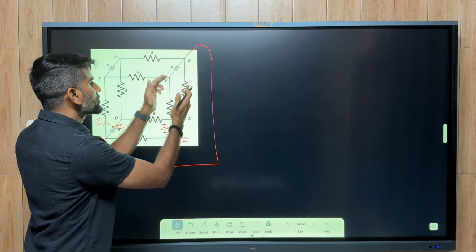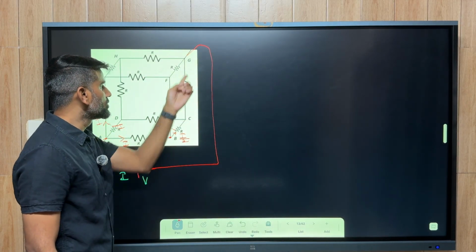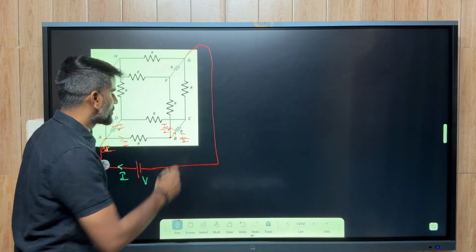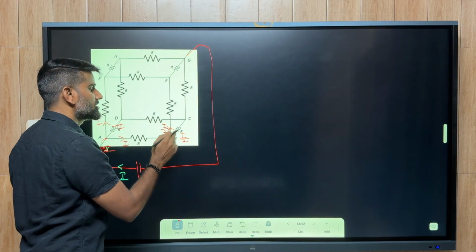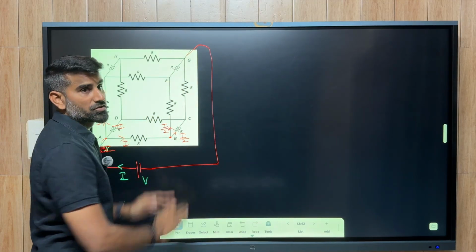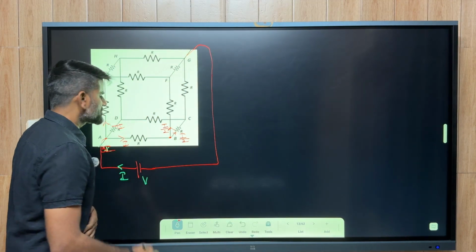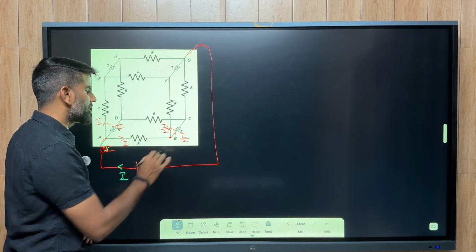After dividing, it is flowing through 2 resistors in each branch only. So this is one resistor, this is one such resistor, this is one resistor, this is also one resistor. Both currents are flowing through 2 resistors along their path. So it is divided into I by 2 and I by 2.